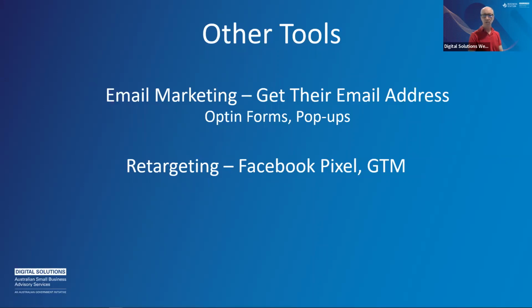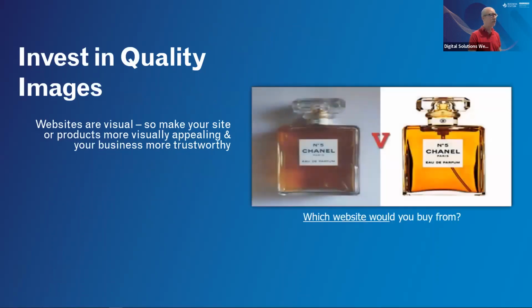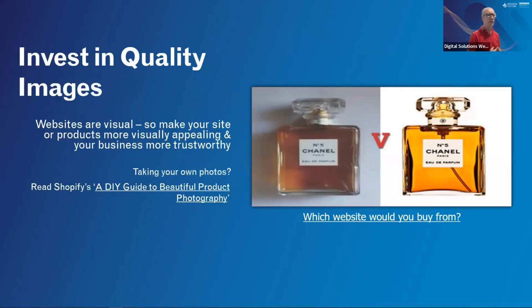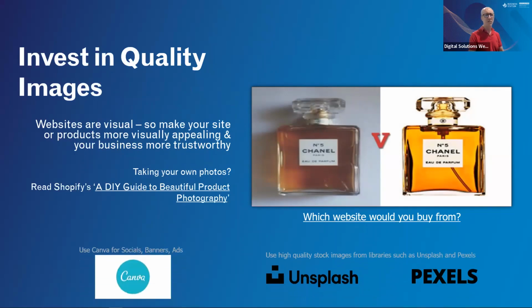Okay, I'm running a bit short of time, so I'm going to quickly flick through a few of these other things. I did touch on it briefly. You do want to make sure you invest in very good quality images. I need to change this image I have here myself because that's not a very good one. But you need to, because it imparts a lot of things, and particularly trust.